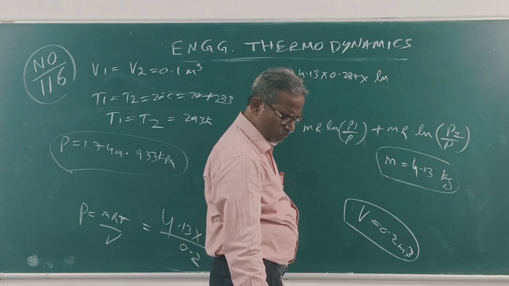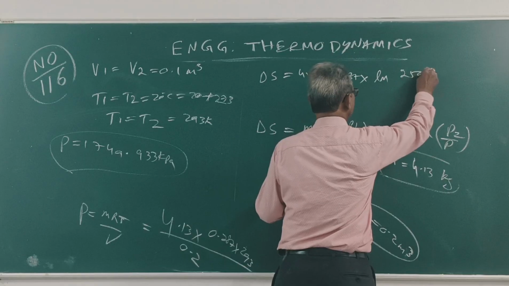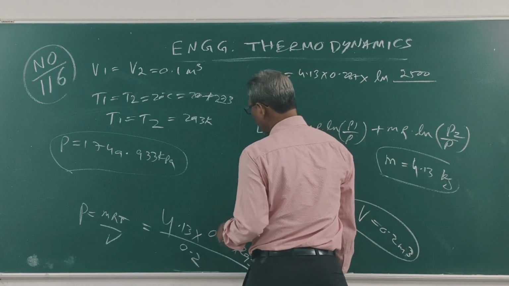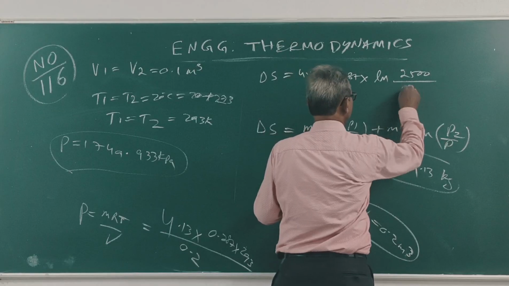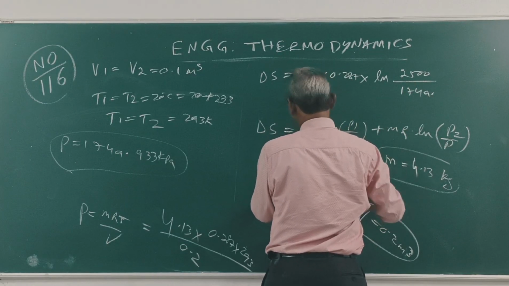P1 is equal to 2500 kilopascal. P is equal to 1749.933.